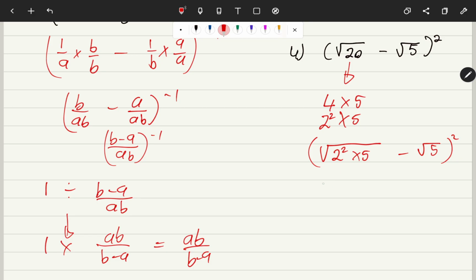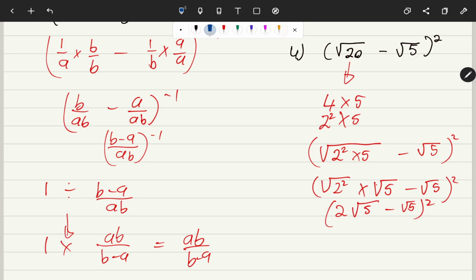Now you break this up. You have that guy and 5. Here you can just take out 5 as a common factor, or do it the way I'm going to do it. It's still going to get the same answer. You have 5 minus root 5, squared, right?